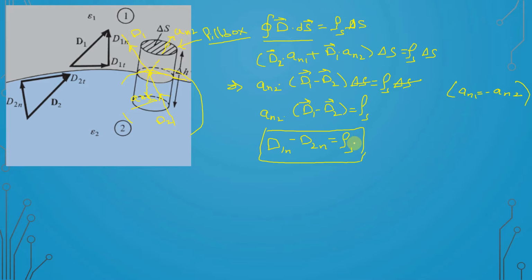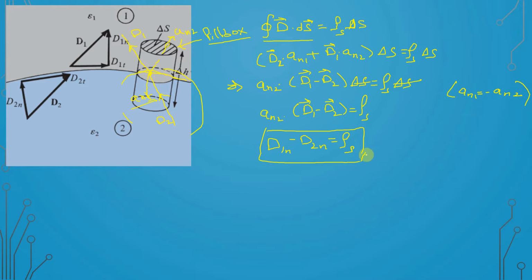Here the normal component of this electric flux density D is discontinuous across this interface, and this amount of discontinuity is equal to the charge density.